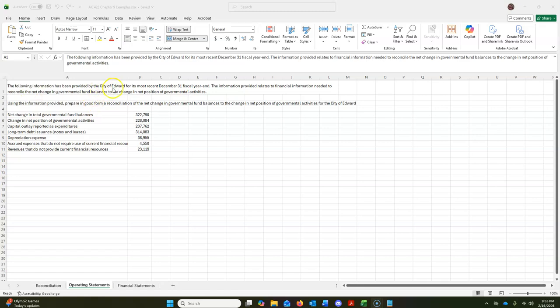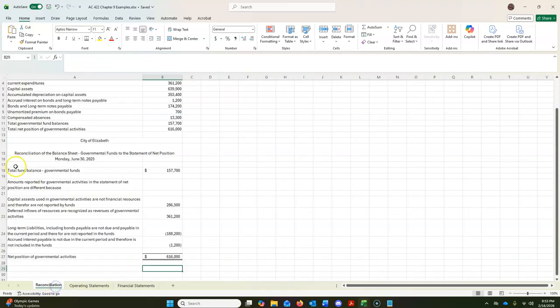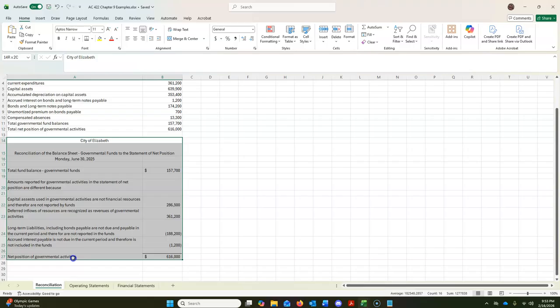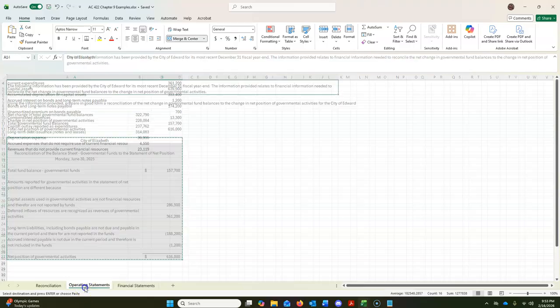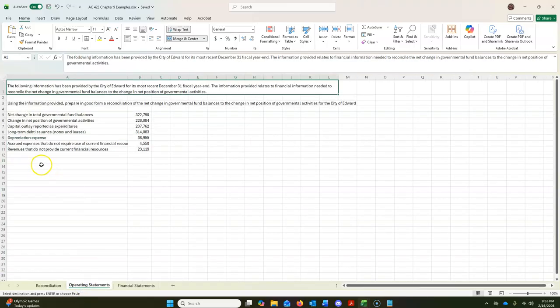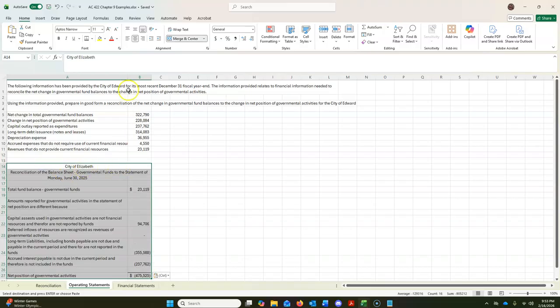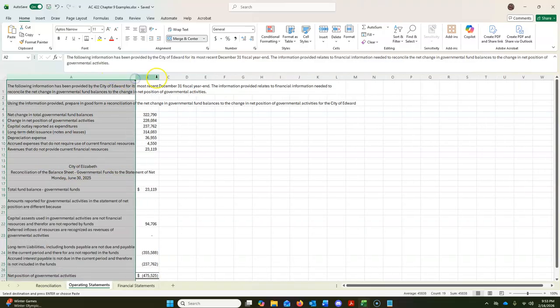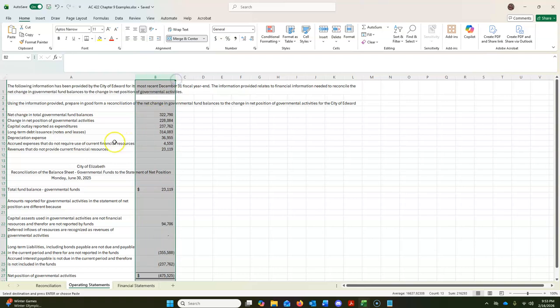Here we're going to look at the city of Edward, and we're doing the governmental activities reconciliation. Similar to the formatting here, I'm going to copy this and then change things to improve the speed.